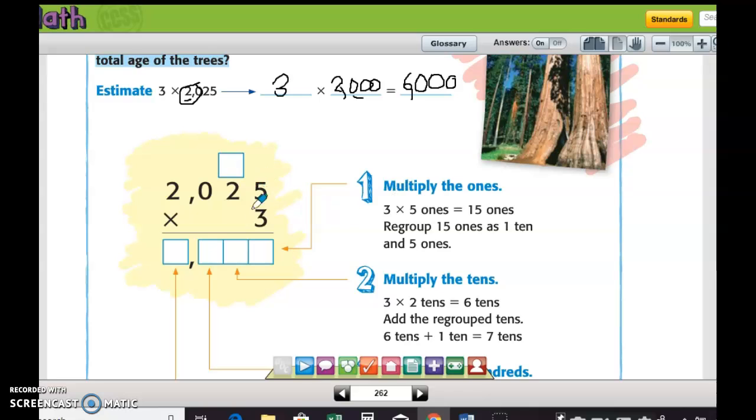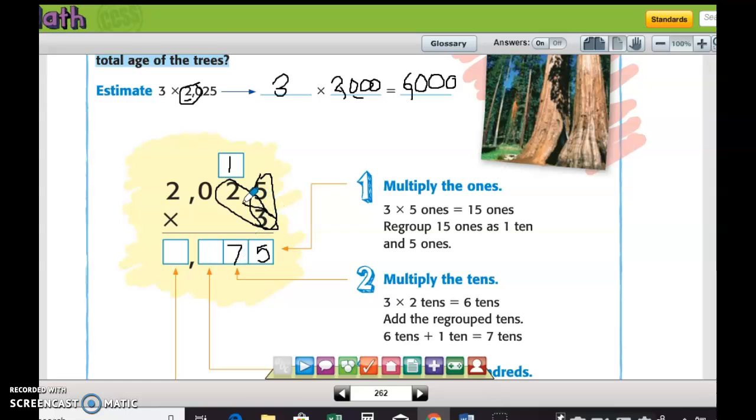Now I'm going to start in my ones place and I'm going to multiply here. Now this is the standard algorithm, so I am going to regroup. 5 times 3, 5, 10, 15. 1, 10, 5 ones. Now I'm going to move to my next place. 3 times 2 is 6, plus 1 more is 7.